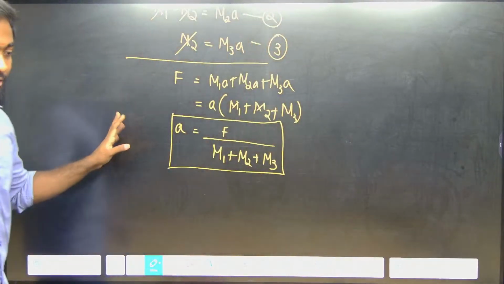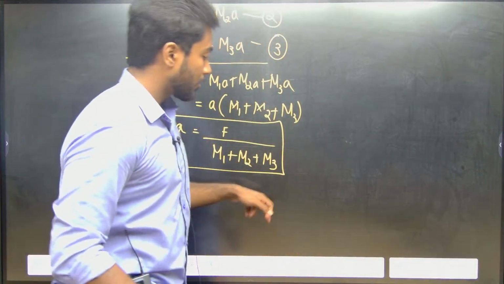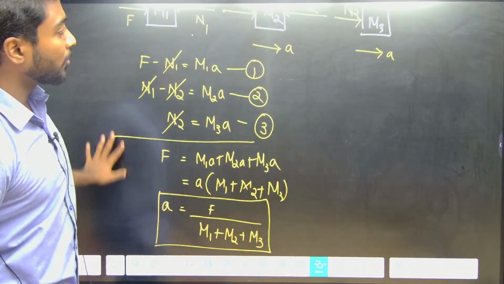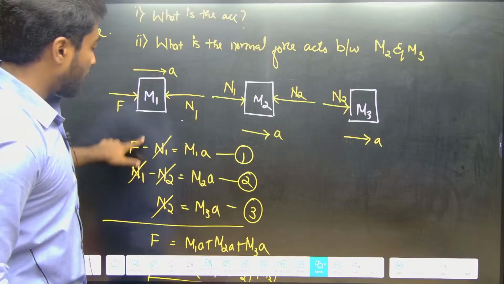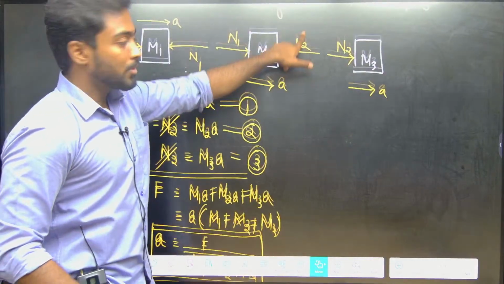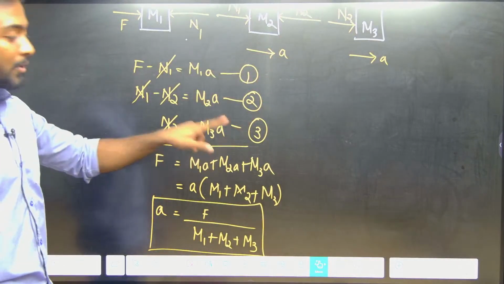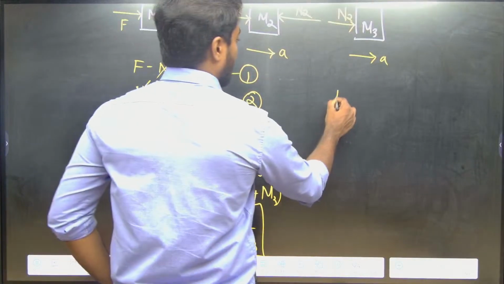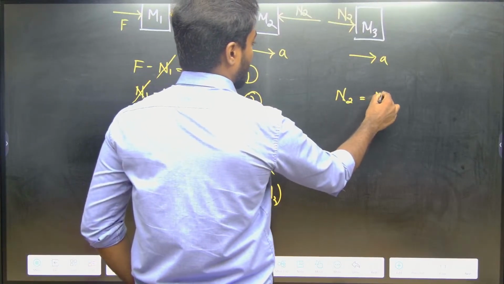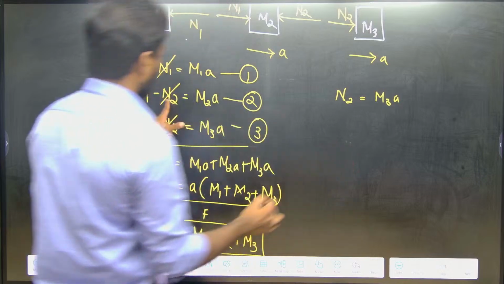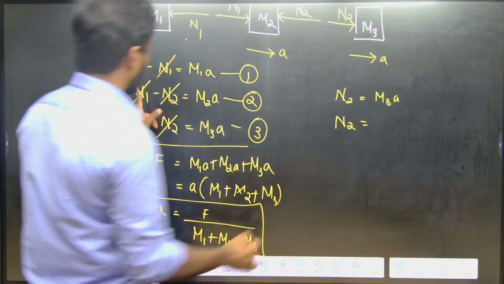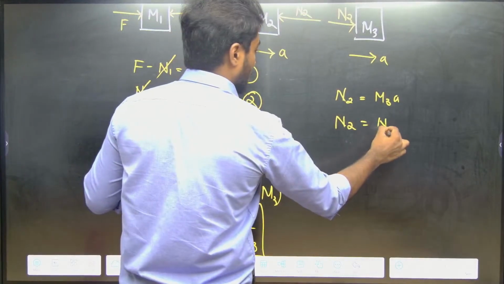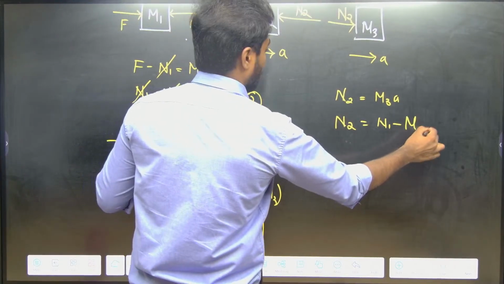That's the first question. Second question, what they have asked here: find the normal force between M2 and M3. Between M2 and M3 it is N2. So I can say directly it is M3A, or else N2 equals M3A, or else I can say N2 equals N1 minus M2A.